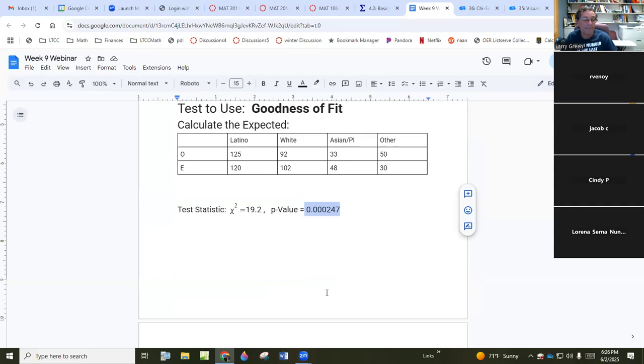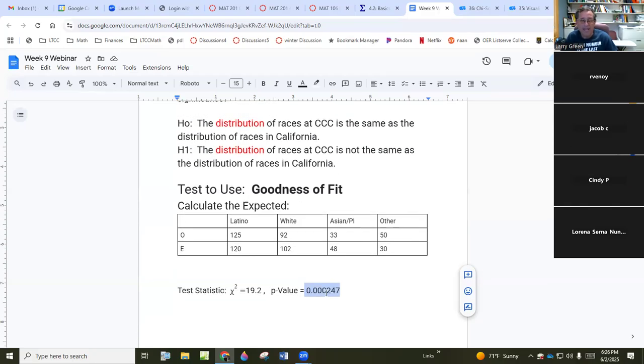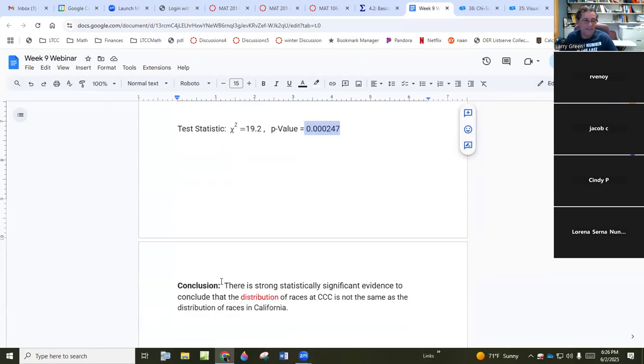It's less than 0.01. So now we can write down the conclusion. And when you have a very small p-value, so less than 0.01, you can say there is strong statistically significant evidence to conclude. Okay, this is not new. We've been doing this for a while now. Any questions on that so far?